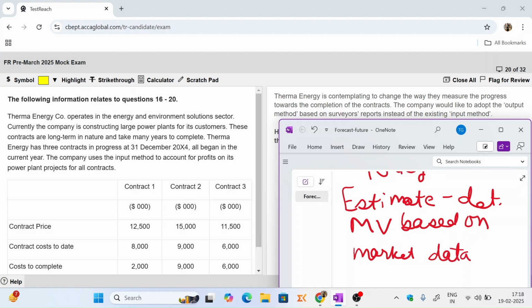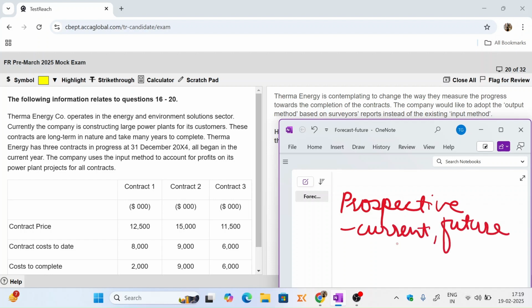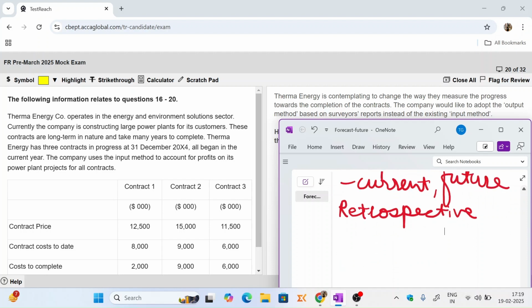Now, whenever you talk about prospective and retrospective, first of all, if you are not aware, prospective means that it is going to be applied from the current and the future. I will write it down for you. Prospective means current and future. So if you're changing something, you will change now and what you do in the future. Whereas retrospective is applicable to everything: past, present as well as future.